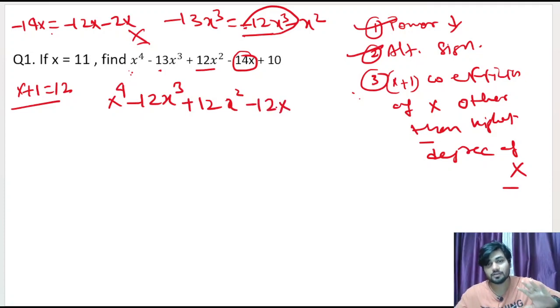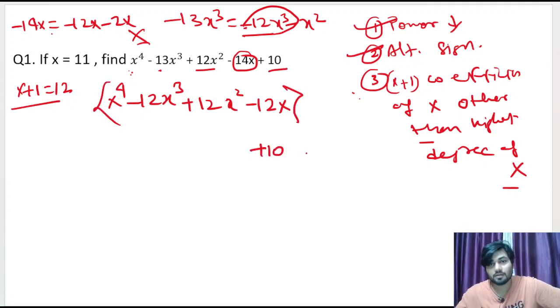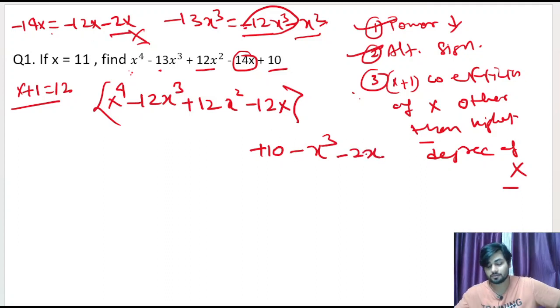So what are we left with? We are left with plus 10 and minus x cube, not x square, x cube, because we had 13x cube here, so we will have minus x cube, and here minus 2x. Got it?